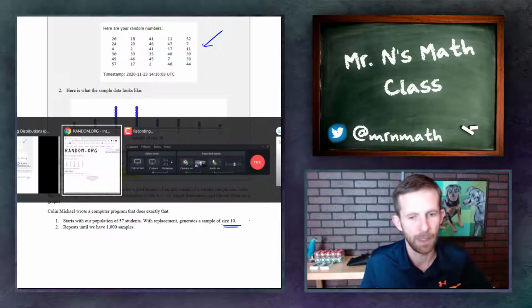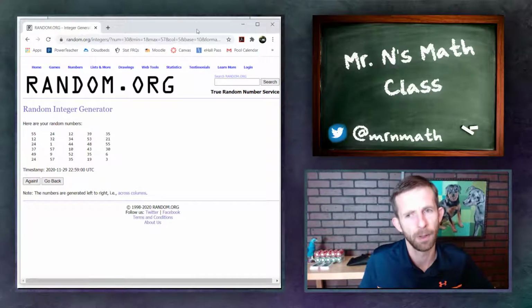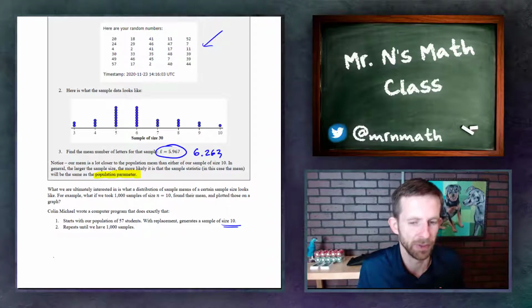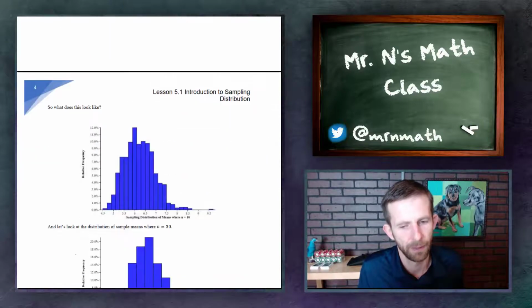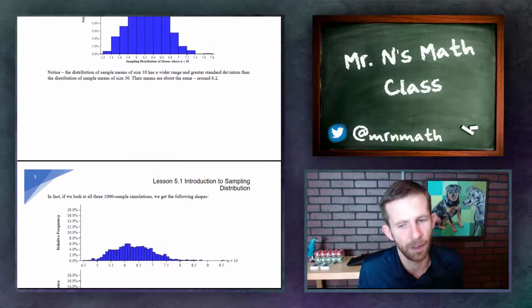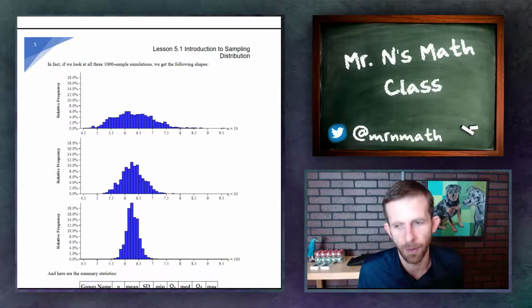So I asked him to generate 1,000 samples from our population with replacement. And then he did samples of size 10, 30, and 100.